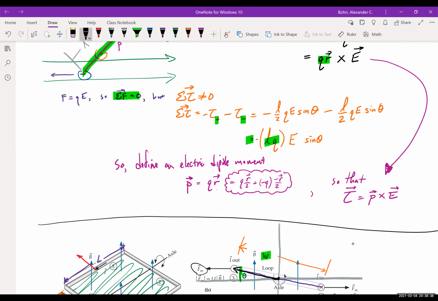Or like length, I guess I'll do it up here. Length cross electric field times charge.